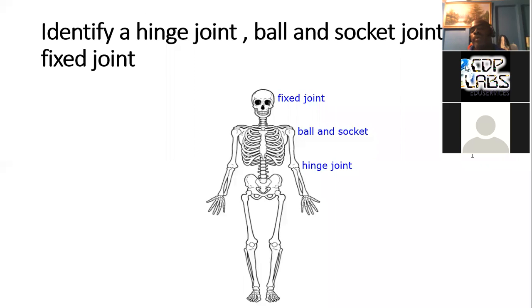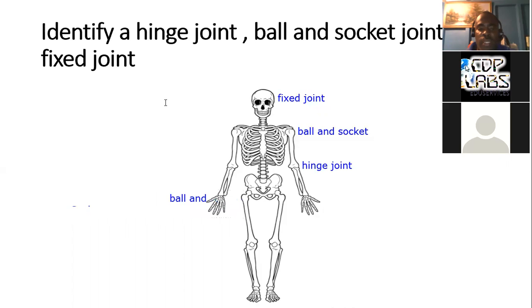All right. Let me see now. Earlier, identify the joint at the pelvic girdle right there. The ball and socket. Ball and socket, okay. Identify the joint.